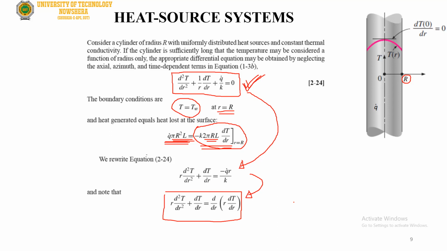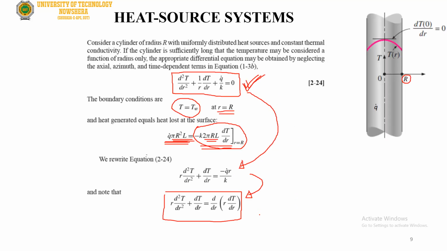So what we have to do now, again, we need to integrate this equation 2 times to have a general solution for this second order differential equation. And again, our objective is to have an equation for the temperature distribution of this cylinder.